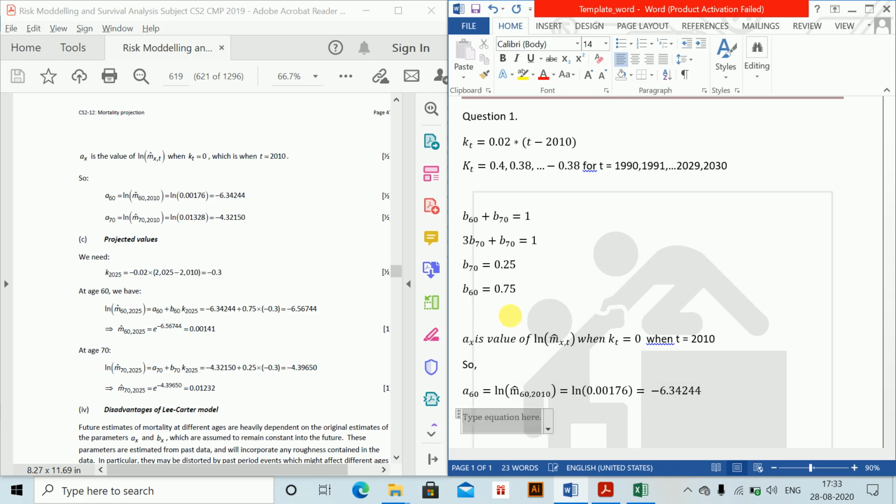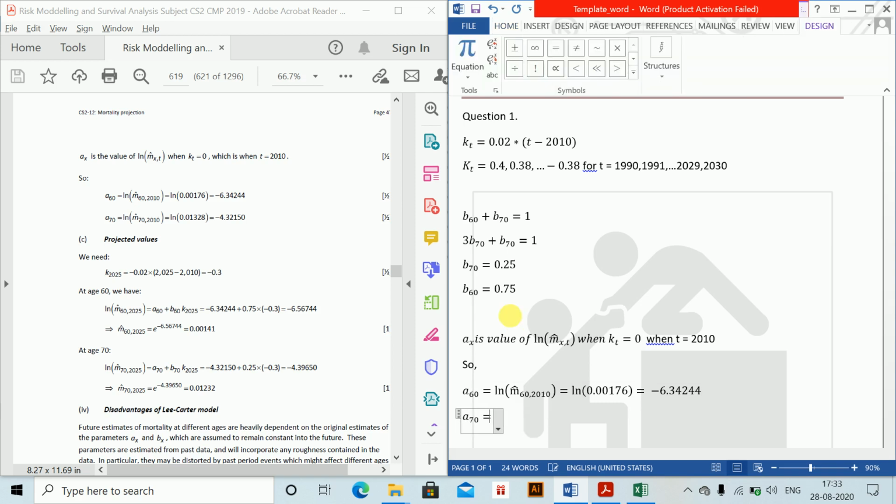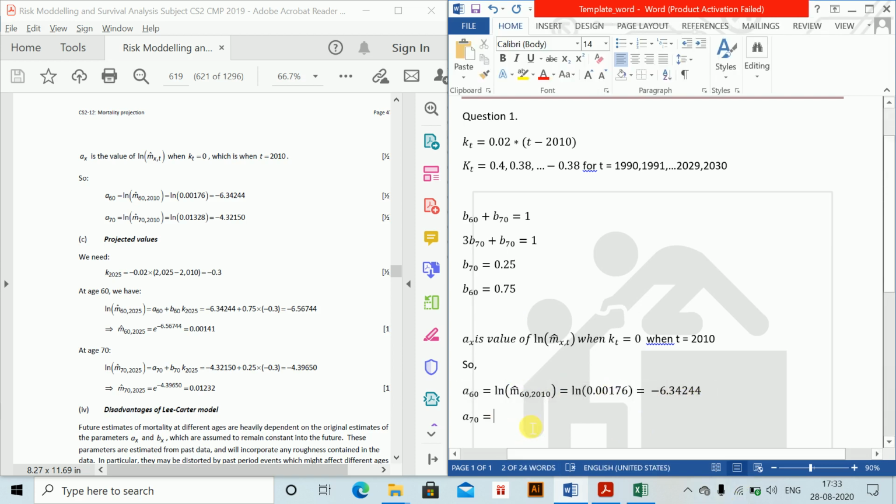And a70 is the same thing: copy and change to 70, with 0.01328, which is equal to minus 4.32150.